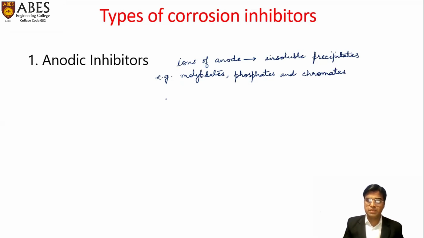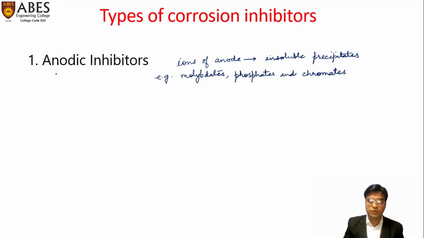Here, one thing should be especially taken care of. That is their sufficient concentration. Because if we add less amount of the anodic inhibitors, in that case, the insoluble precipitate will be lesser in amount and it will not cover the surface of the anode completely.